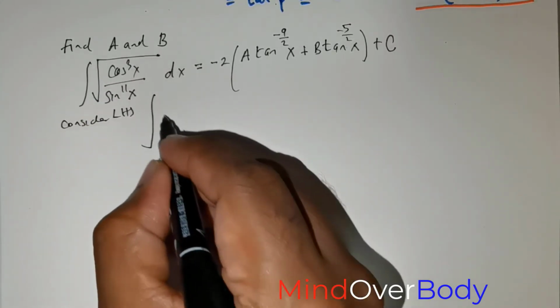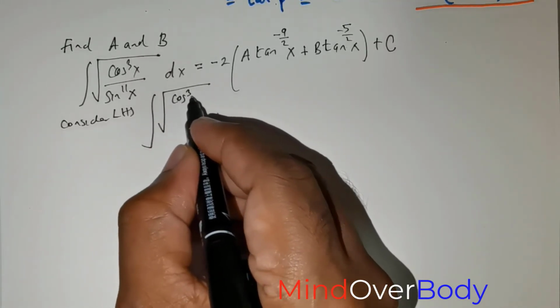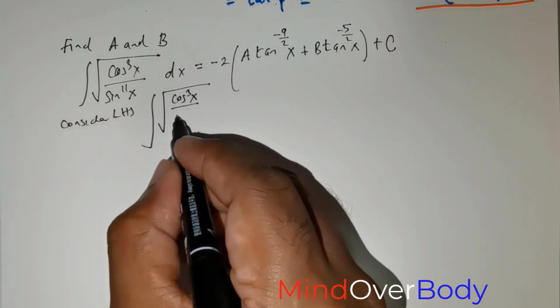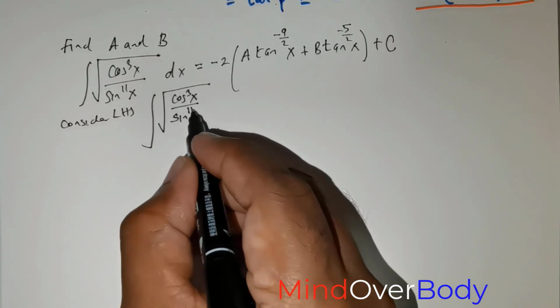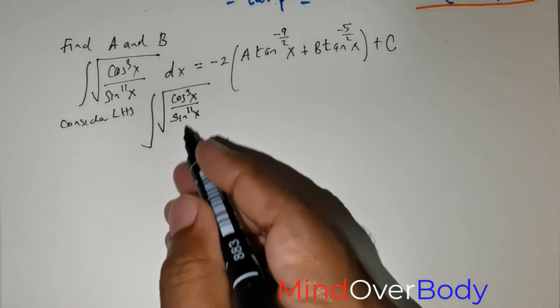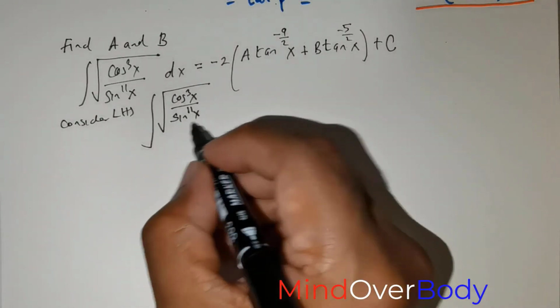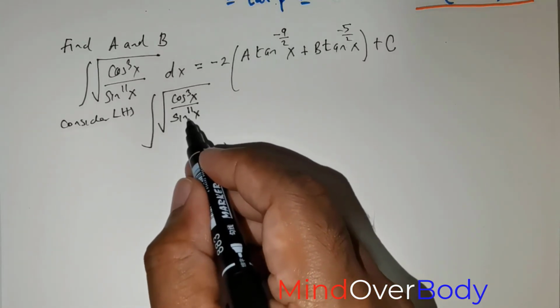So it's going to be integral root of cos raised to the power of 3x over sine raised to the power of 11x. Now what I wish to do is bring in tan here. So for that I would have to divide this by cos raised to the power of 11x.